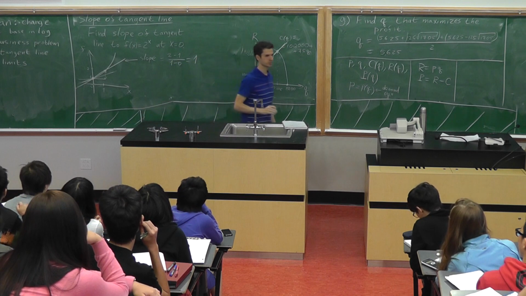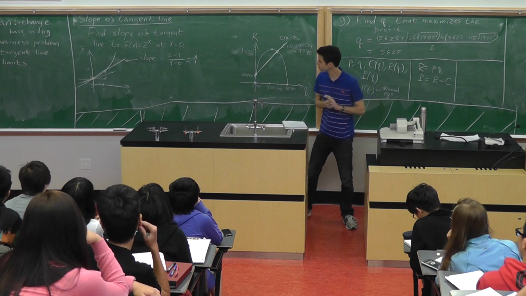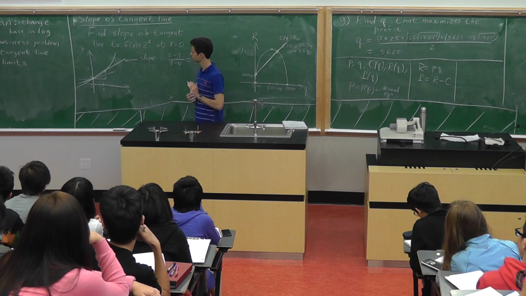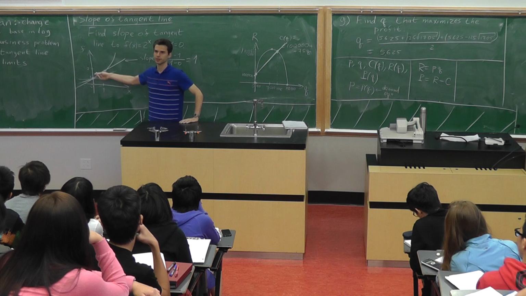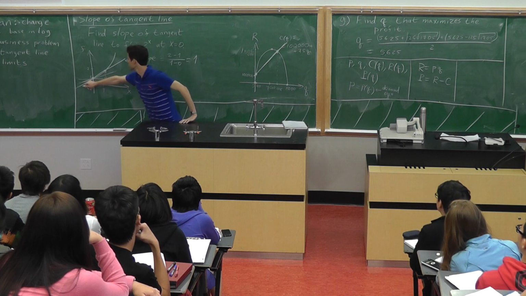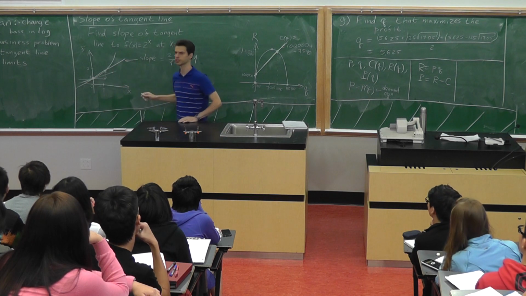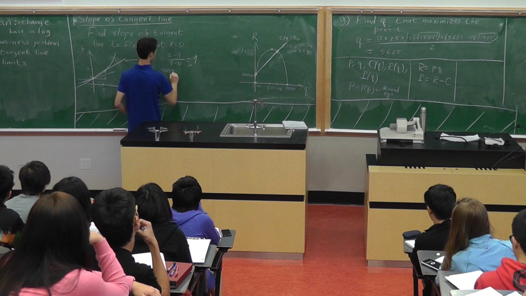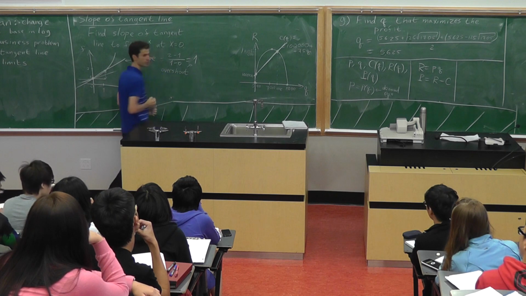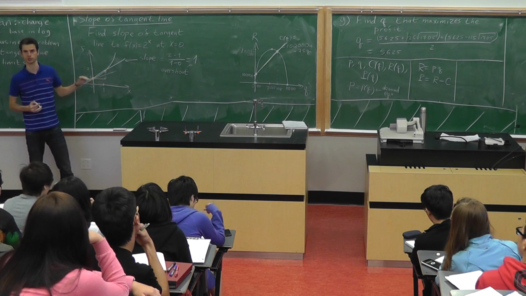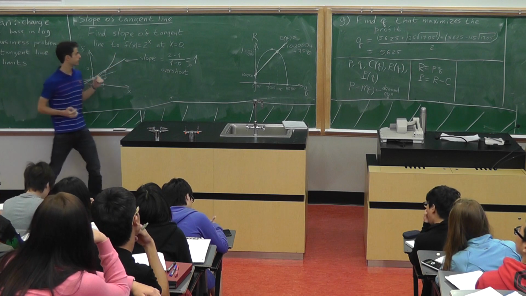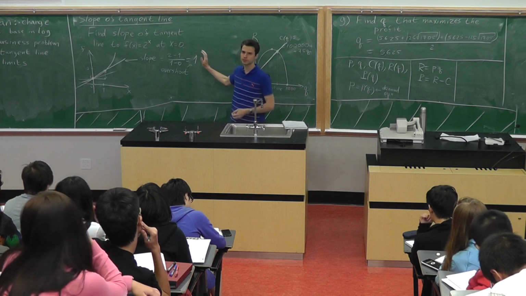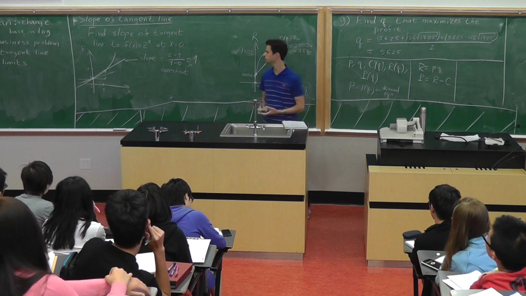So this line, which has slope 1, is an overshoot on the actual slope of the tangent line. The actual tangent line has smaller slope. So it is good, but maybe not good enough.